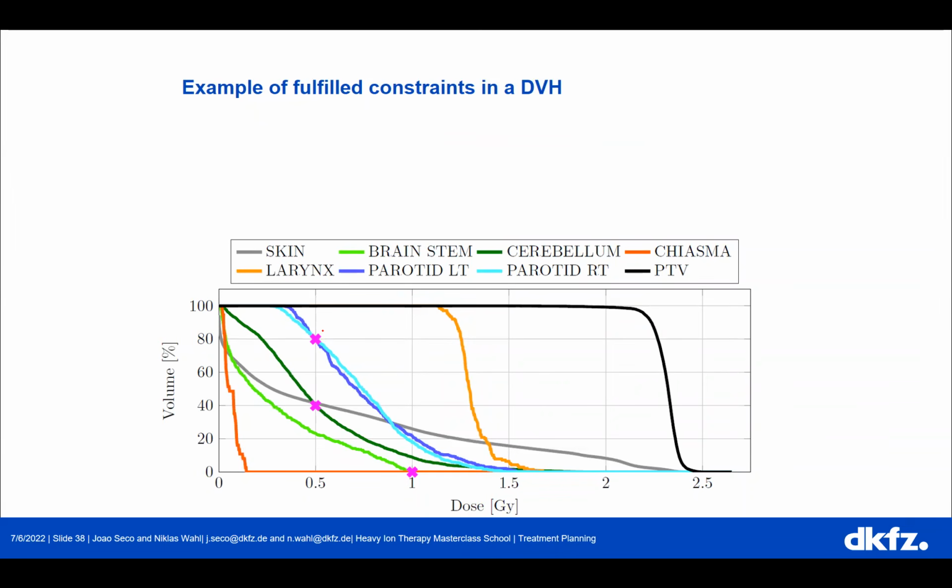So here is an example of constraints and objectives. You see these little crosses here, these three crosses representing different constraints that you set. You want, for example, DVH constraints on the brainstem, the cerebellum and the parotid glands. Here, for example, are the parotid glands, which are these light blues. And then you have also the cerebellum, which is this green one. You set a constraint that you want 80% of the volume to receive less than 0.5 gray.